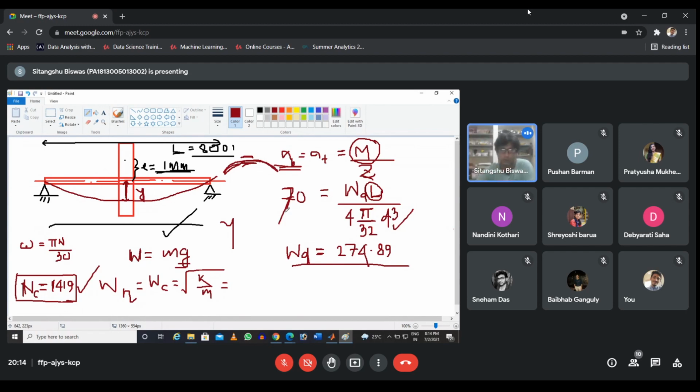Okay, so now the maximum dynamic deflection is equal to WD L cube by 48 EI, no? Yes, sir.